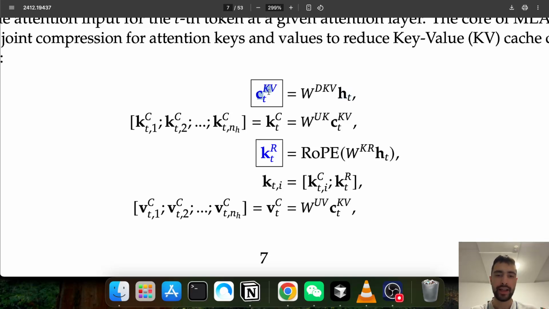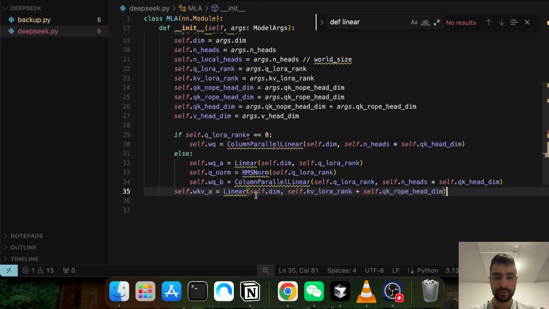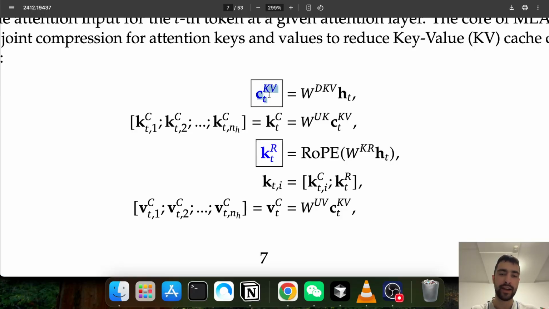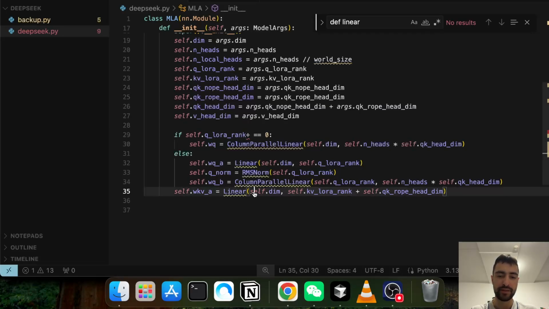Here actually the output dimension is just this kv LoRa rank. So if we wanted to just calculate this vector from this input vector, we would just make this have input of self dimension and output of kv LoRa rank.